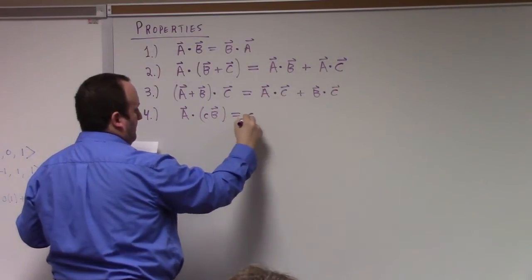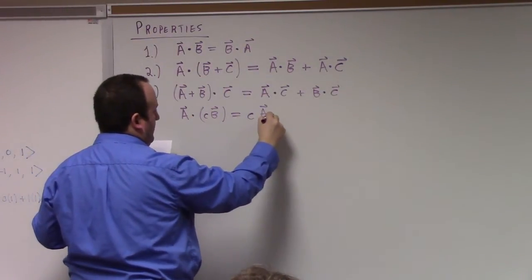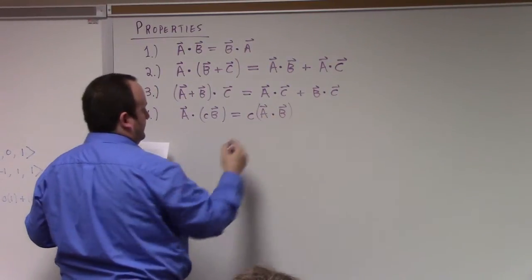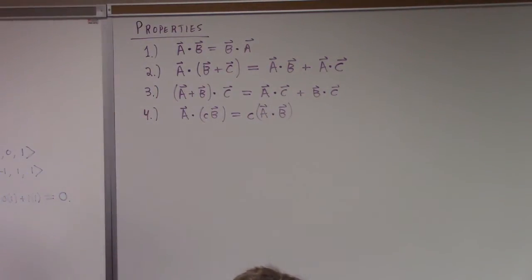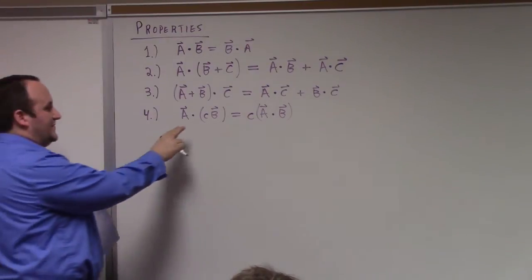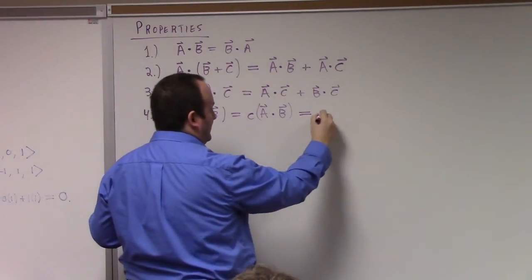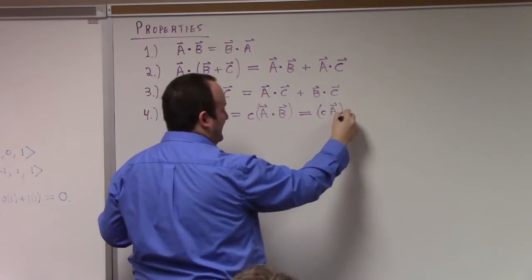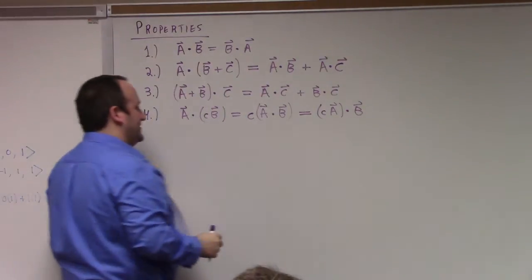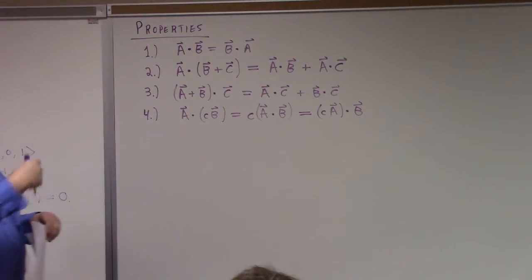I can pull it out. Right? And you can also pull it out of the front. So like if I had C times A, this one won't seem like anything to you guys, but it's also actually a thing. Okay, so you can pull the scalar out of either input to the dot product.